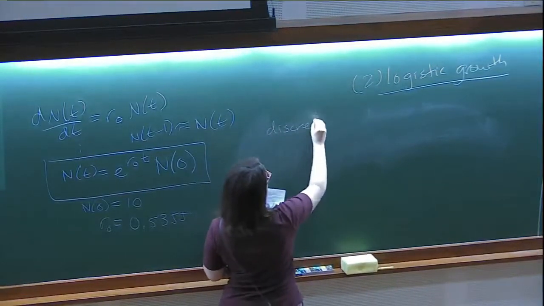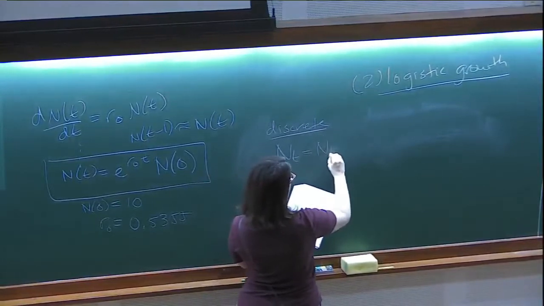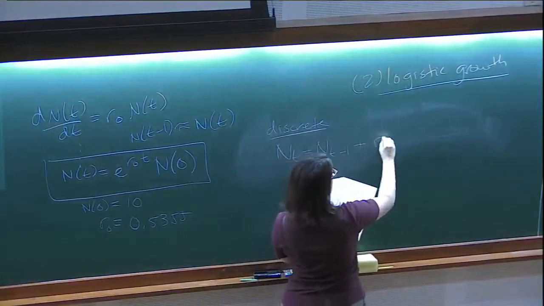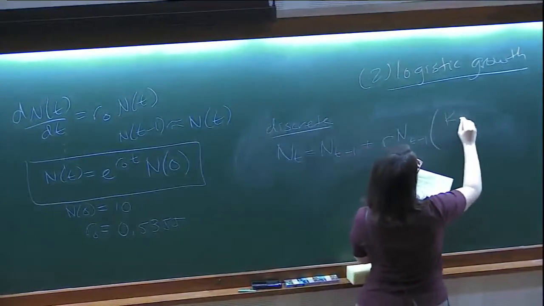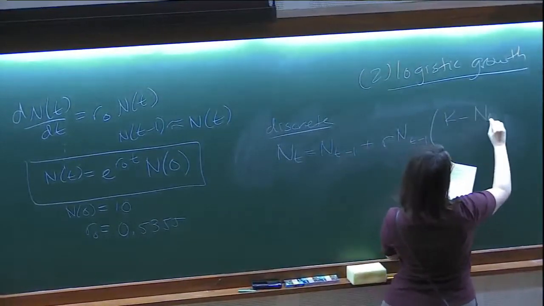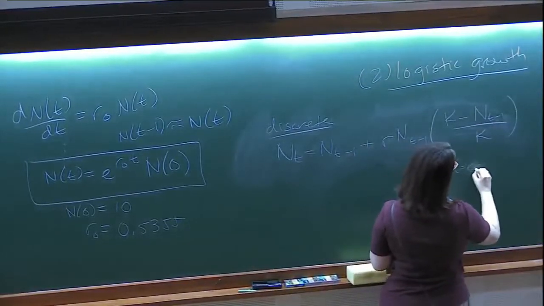Let's try that again. Okay. The number at time t is those that were there before, plus we have the same sort of growth we had before, but now we're going to introduce a term here that looks something like this. There's different ways to do it, but this is a very standard way, where k is what's sometimes called the carrying capacity.